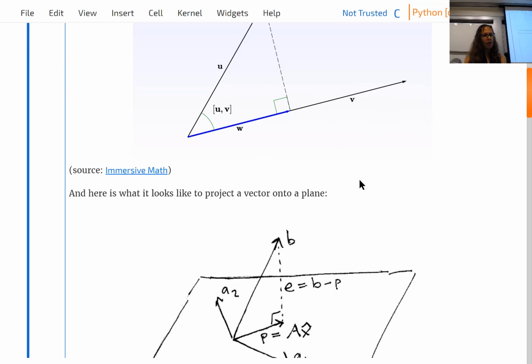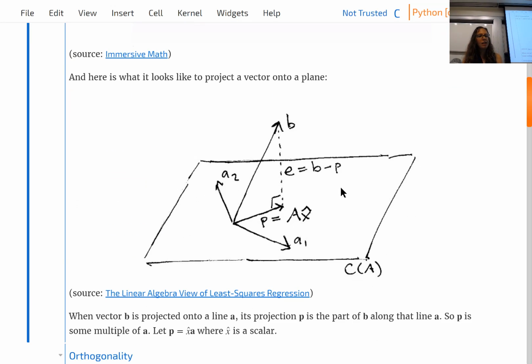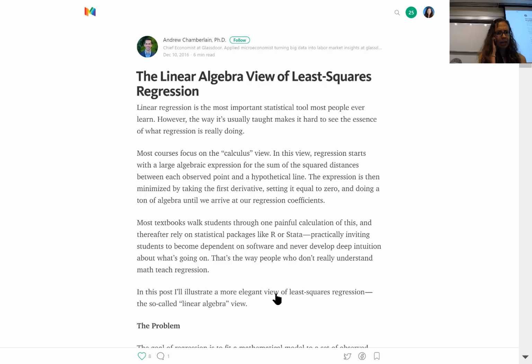Okay. So you can also do this with a plane. I took this from a blog post that I thought was pretty good that you might like, called the linear algebra view of least squares regression. I just wanted to show you that that's out there, which we've somewhat covered when we covered least squares regression.